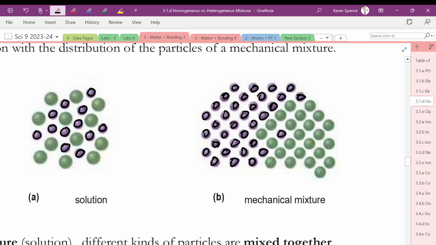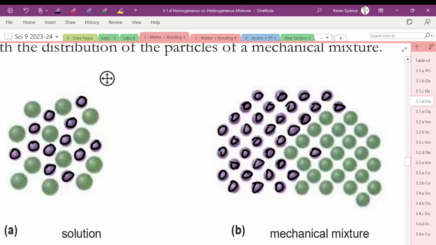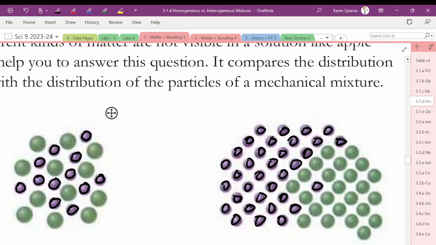Okay, so if you had to guess which of these is homogeneous and which of them is heterogeneous, tell your partner what you think. Which one is which? Which one is homogeneous and which one is heterogeneous?